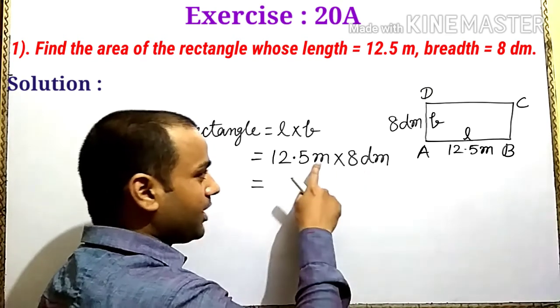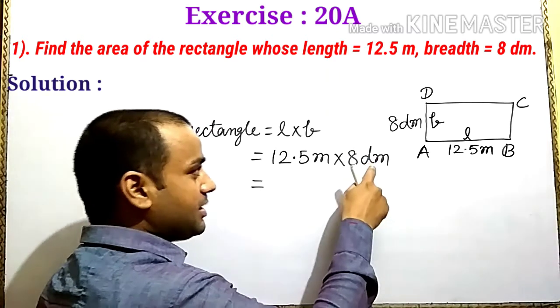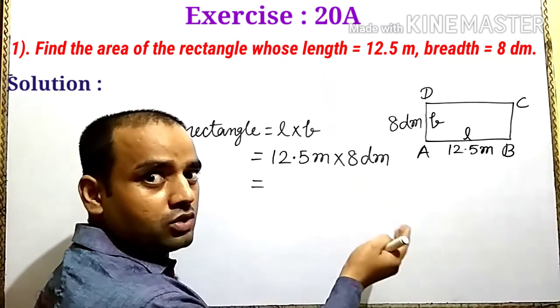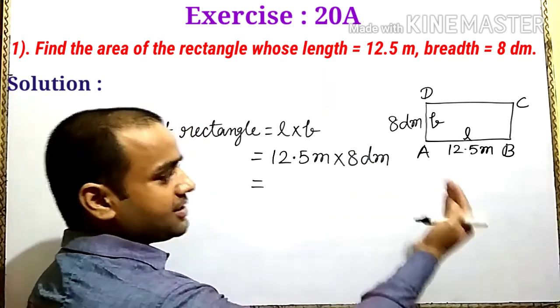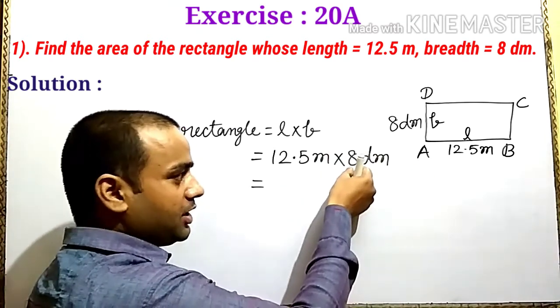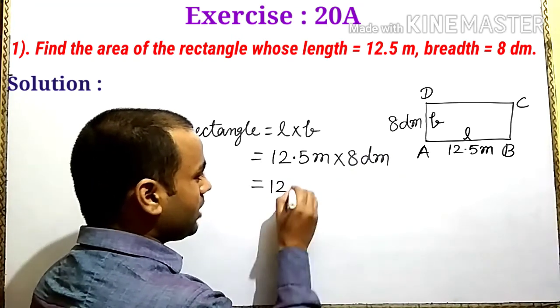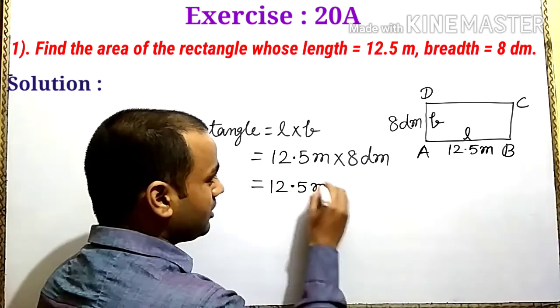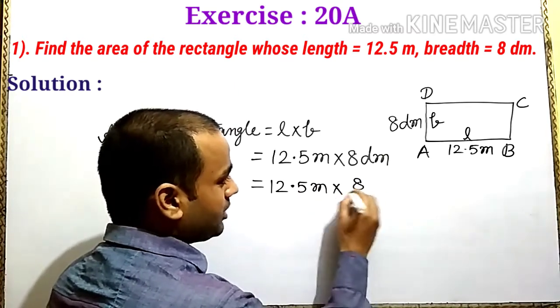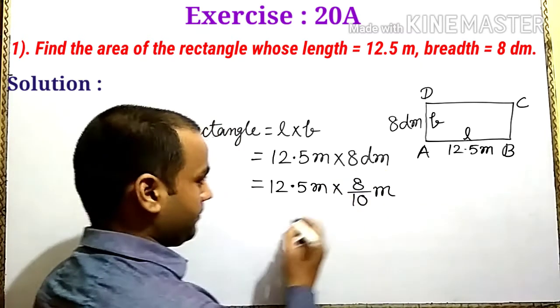Here the unit is meter and here decimeter. Convert decimeter to meter. Deci to meter means right to left, one step. So we divide by 10 and convert into meter, which means 12.5 meter into 8 upon 10, converted into meter.